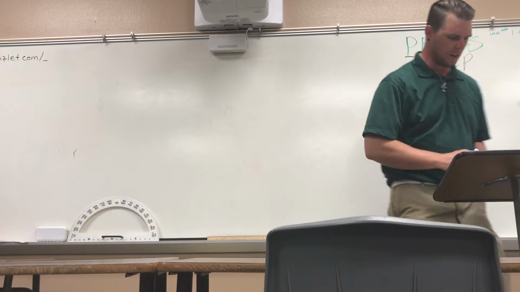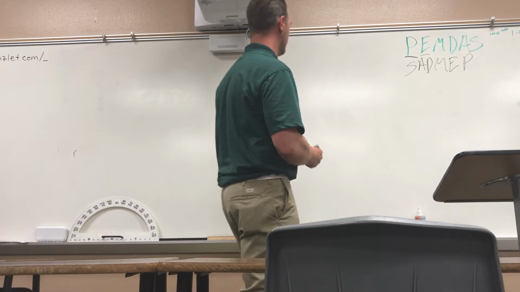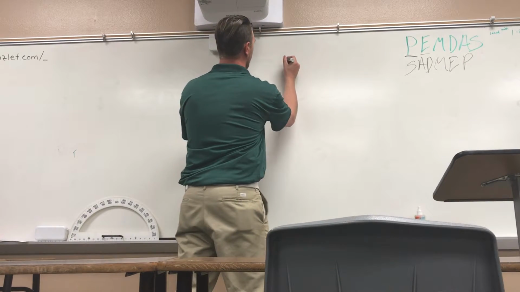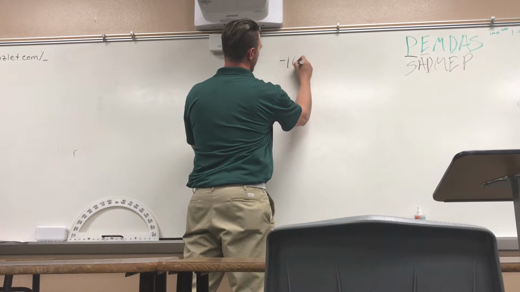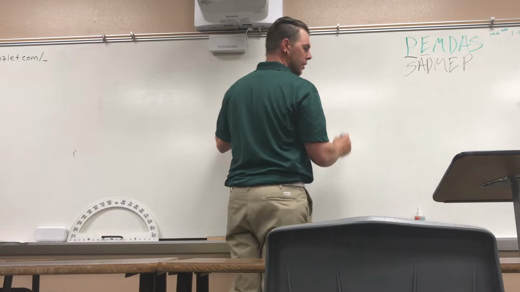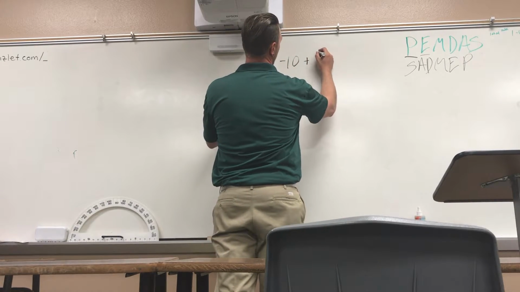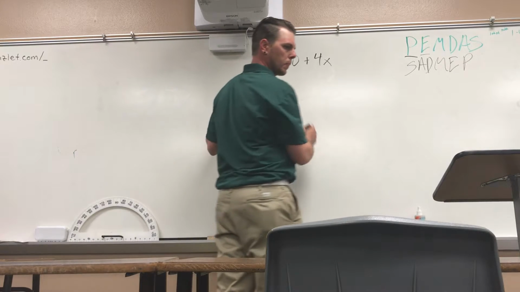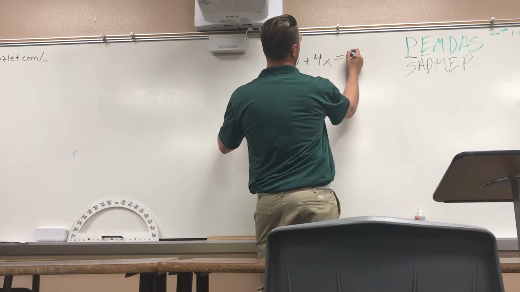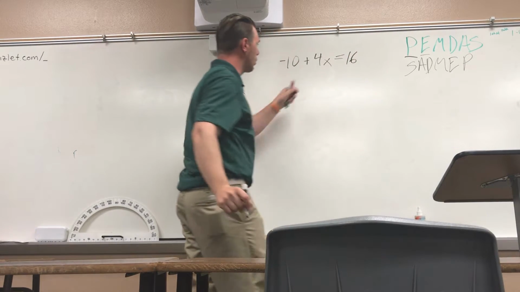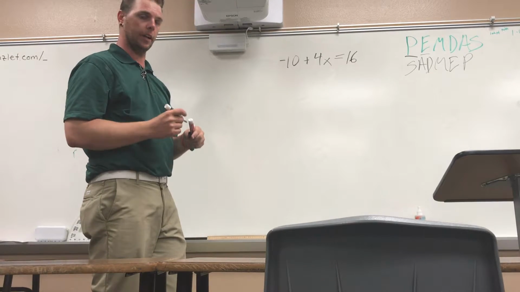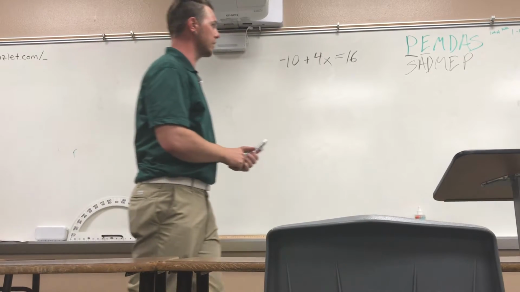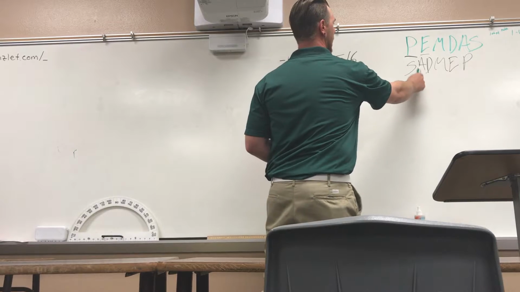So let's do an easy one first. So we can start off with -10 plus 4x equals 16. So we're wanting to try to solve for x here. Okay? So the first thing that we got to do is subtract or add.